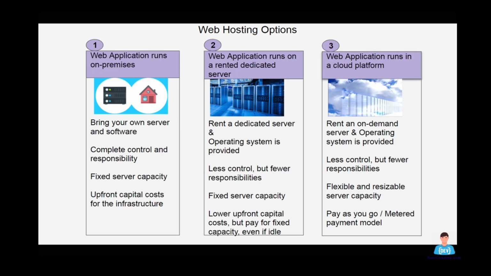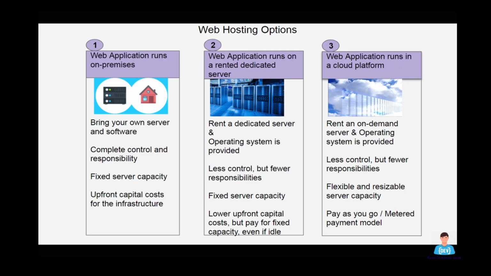All right. So regarding control and responsibilities, definitely here you have less control in comparison to the first option, because here you don't have access to the physical layer, in other words, to the hardware. But the good thing is you have fewer responsibilities. So for instance, you don't need to think about electricity outage or whether the hardware in your server is running or not.